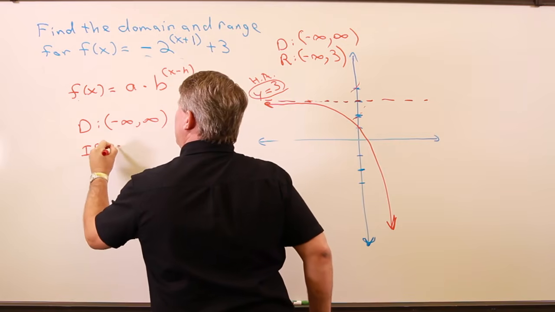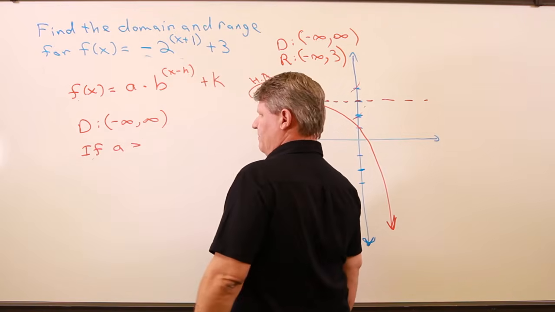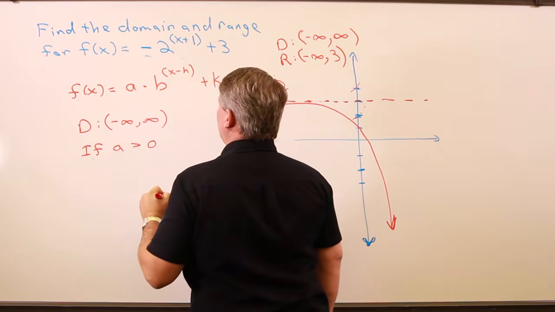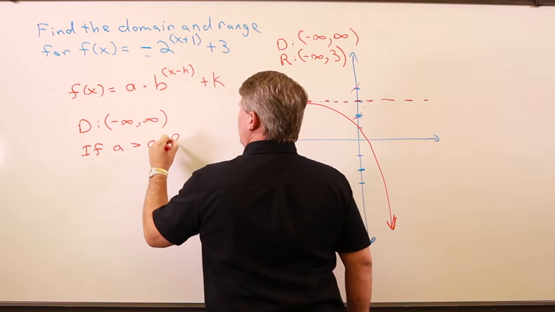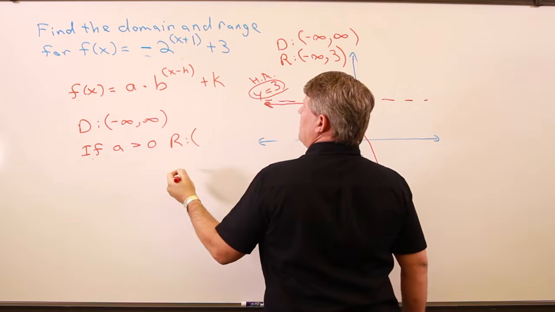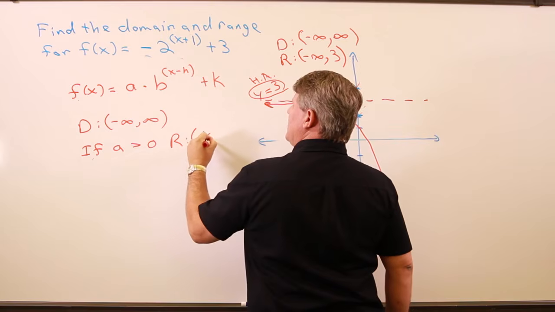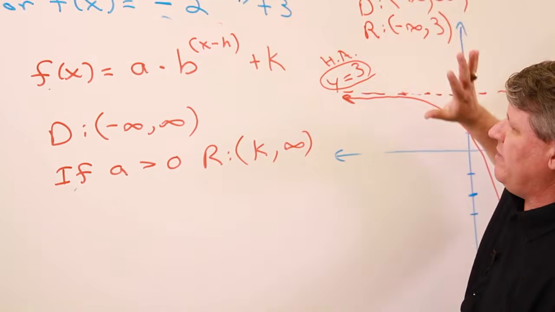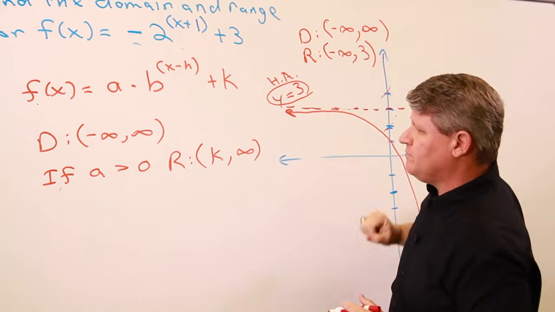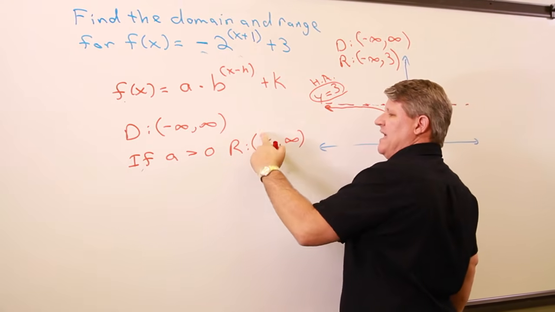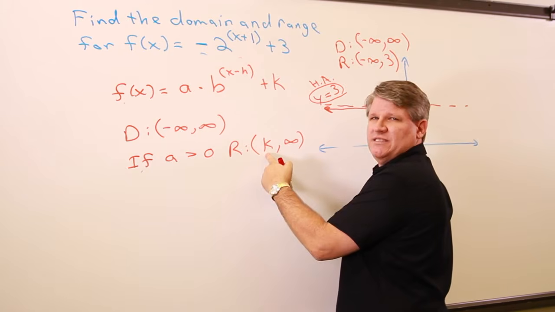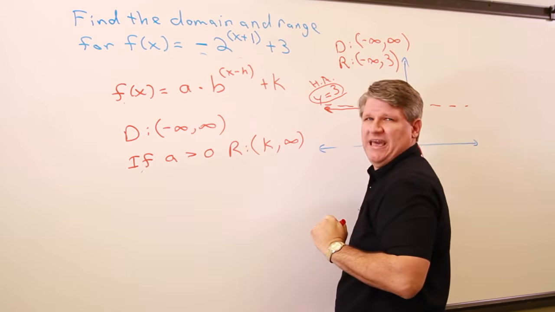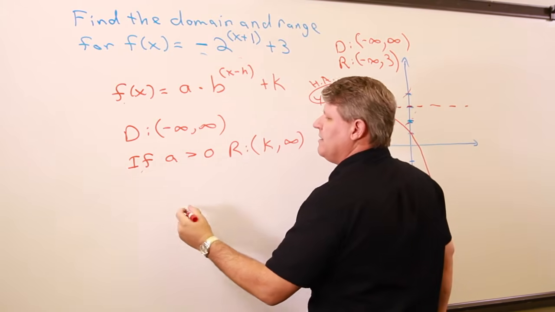If your a is a positive number, greater than 0, then the range will be from k to infinity, because at that point your graph would be up and above the asymptote. Notice again, I am using a parenthesis on the k because this value is not included as part of our range.